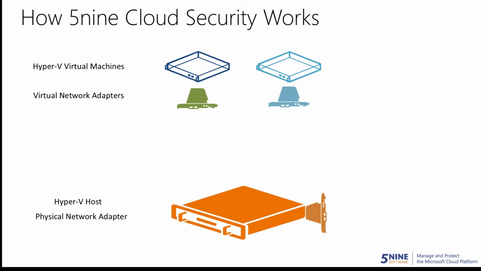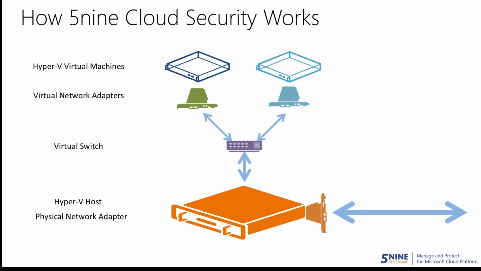So this actually gives you immediate protection without ever having to install anything inside the VM. If you think about the data flow of how any type of information is going to get to the virtual machine, it has to go through the Hyper-V host. It goes to the physical network adapters. It then gets routed through what's known as the virtual switch.